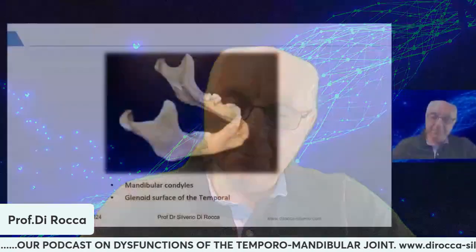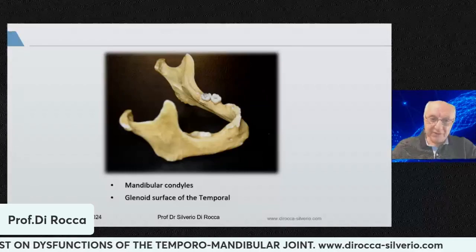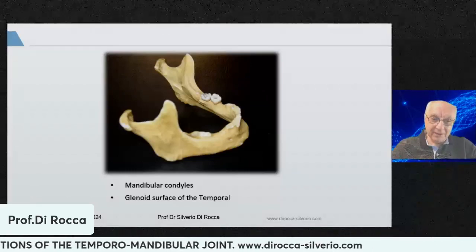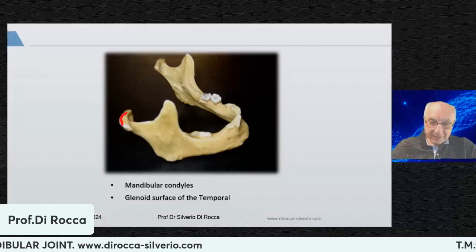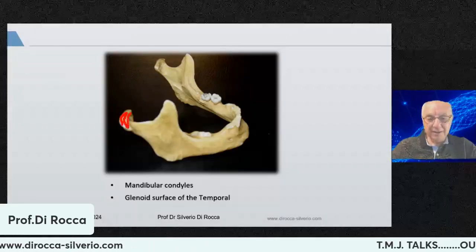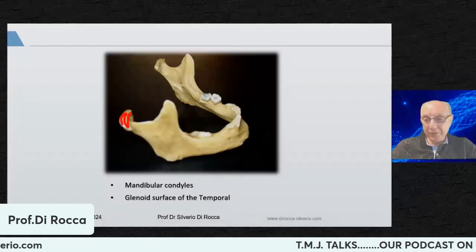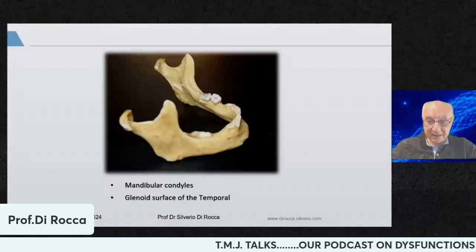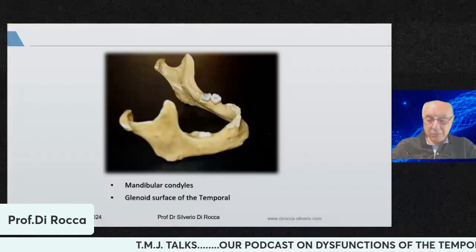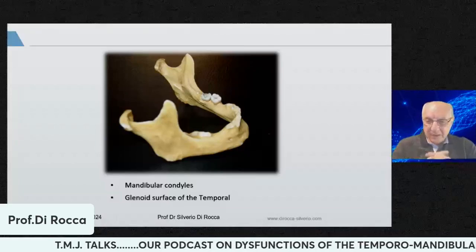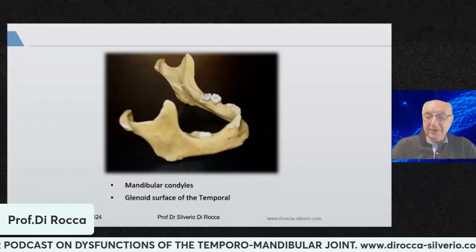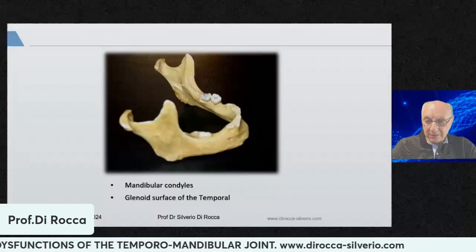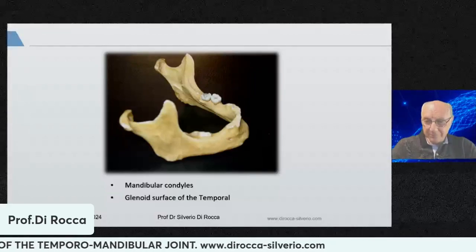The joint is covered with the fibrocartilage. This part of the condyle is covered with fibrocartilage. What do I mean? Any pressure inside the joint deforms the temporomandibular joint.